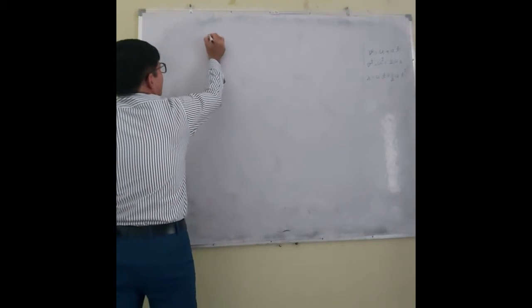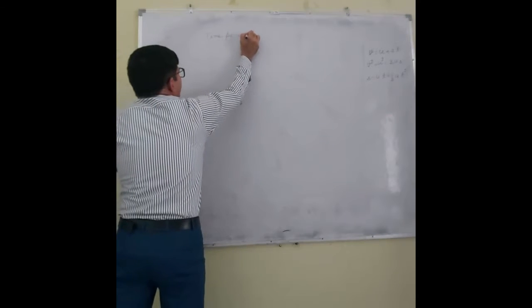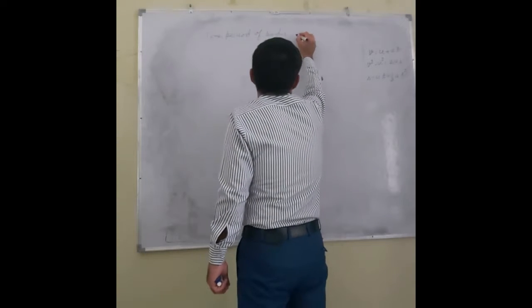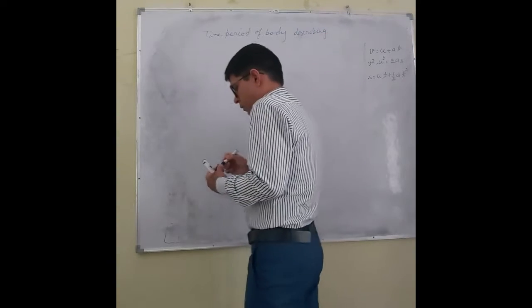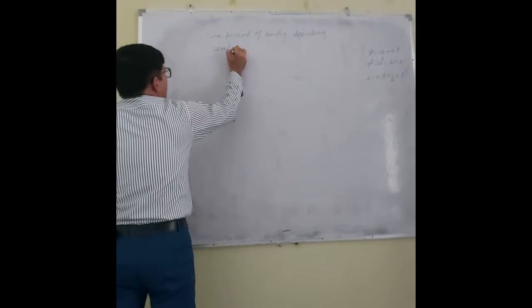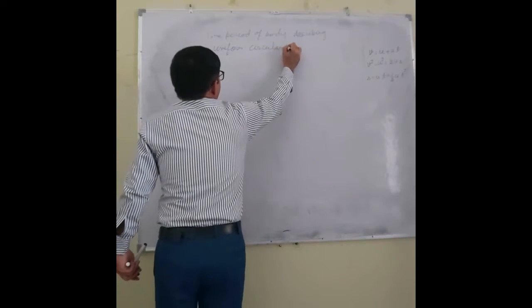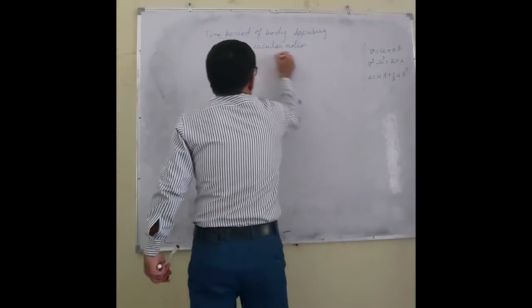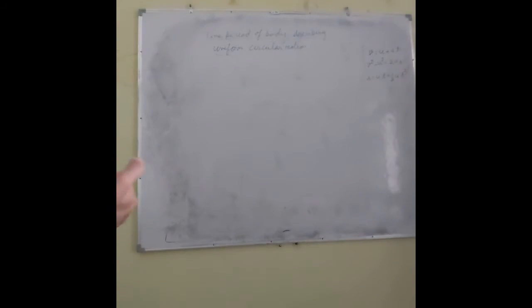Next is the time period of a body describing uniform circular motion. What is the time period of a body describing uniform circular motion?